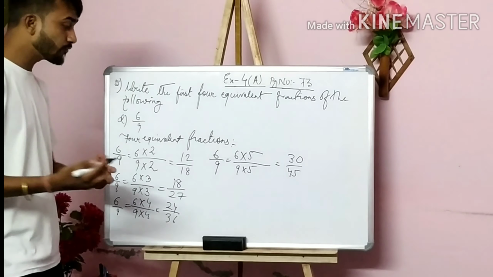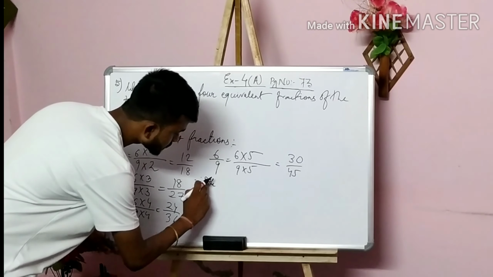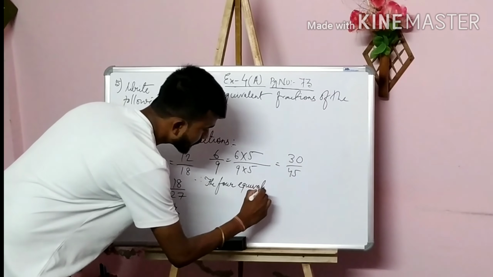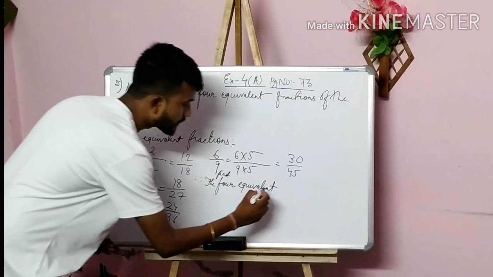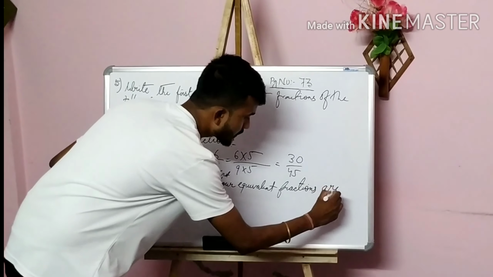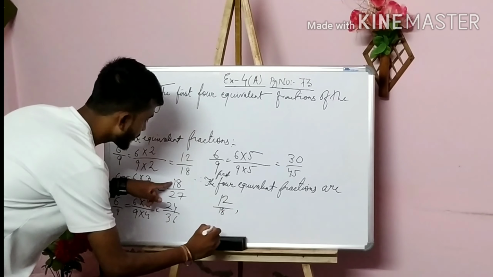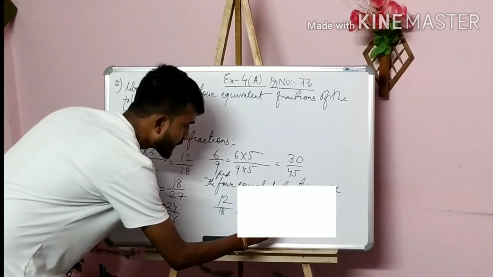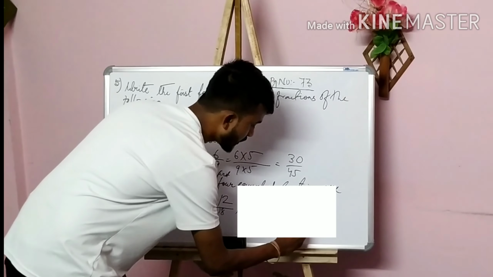So in the last, what you have to write: therefore the first 4 equivalent fractions are, what are those? 12 by 18, first of all, comma 18 by 27, 27 by 36, then 30 by 45.